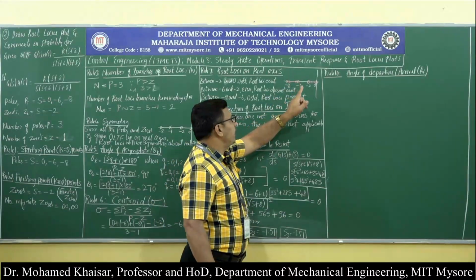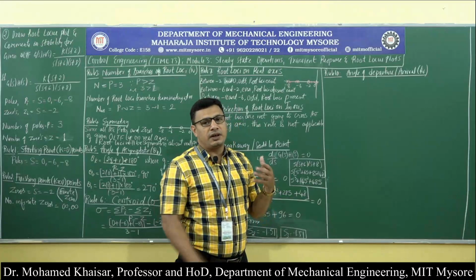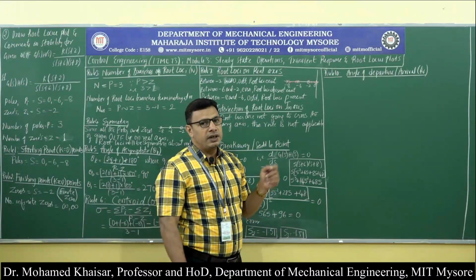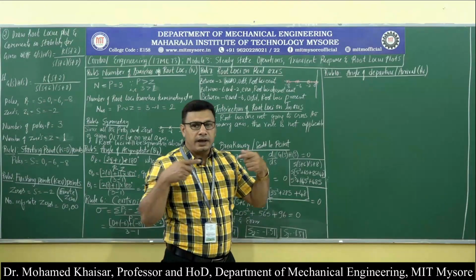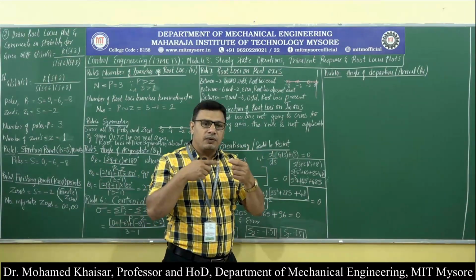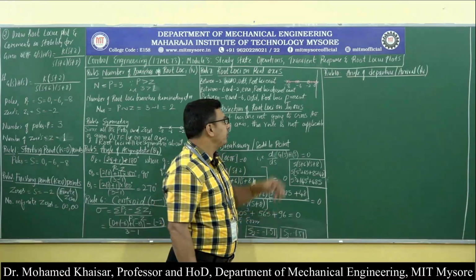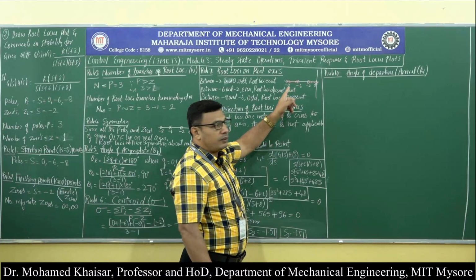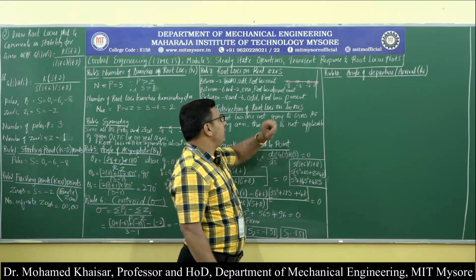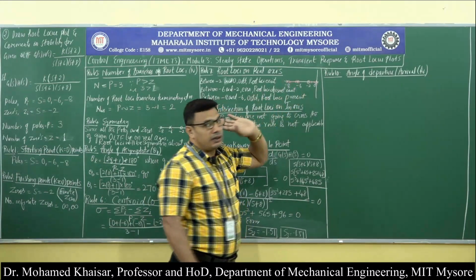Between -8 and -6, yes, there are two branches of root loci starting, one from -6, the other from -8, and they both are heading towards one another, and therefore they will collide and break away. So we can easily anticipate that the breakaway point will exist between -8 and -6 only.